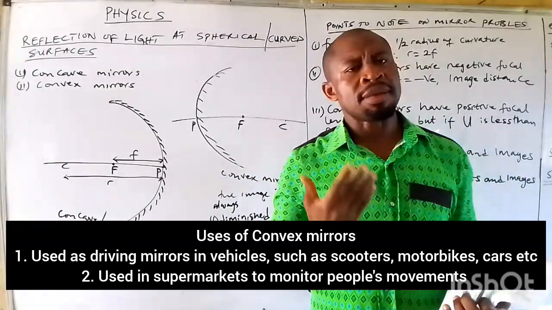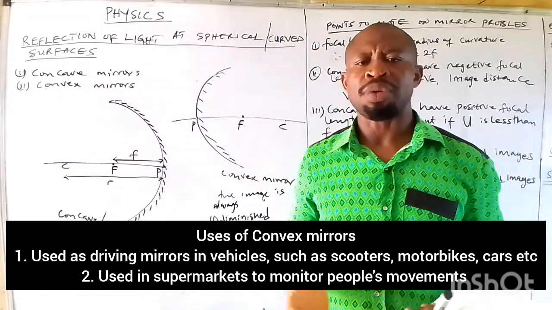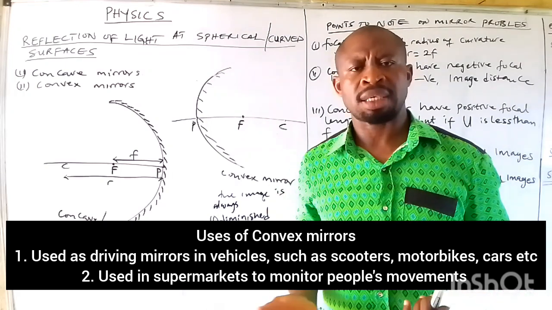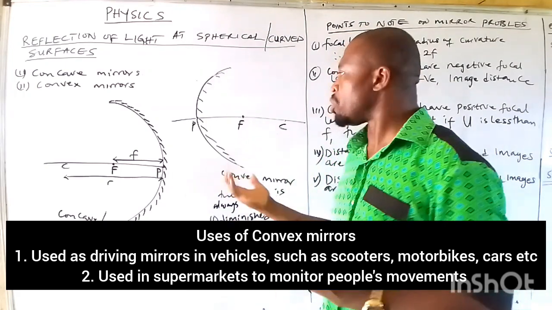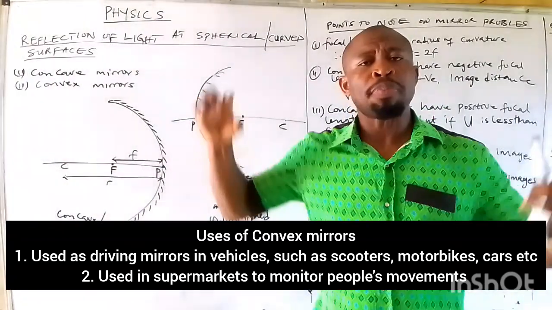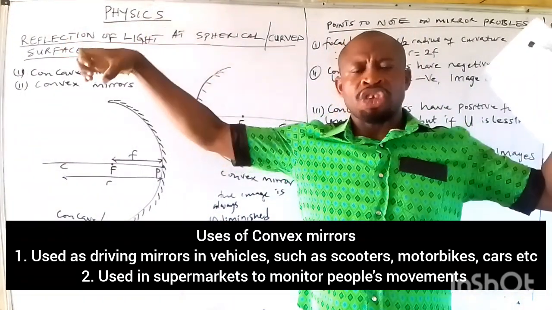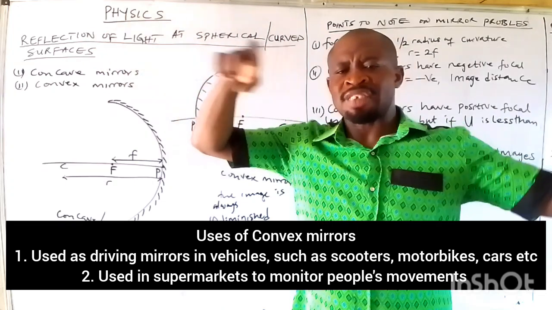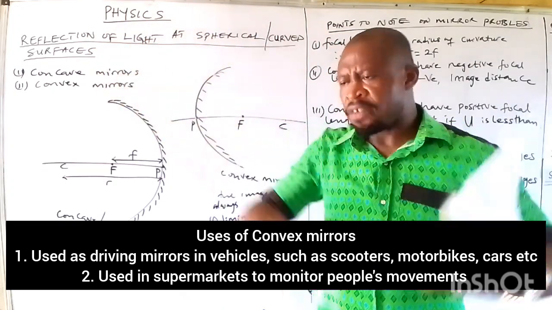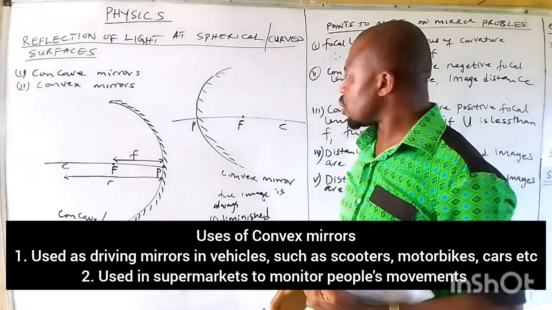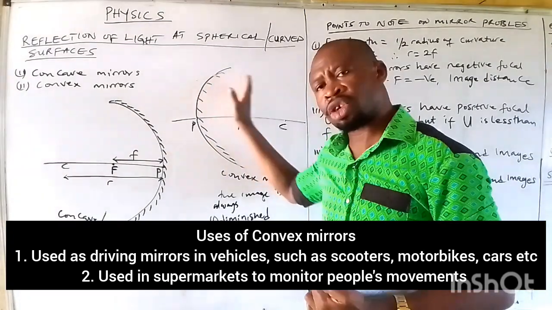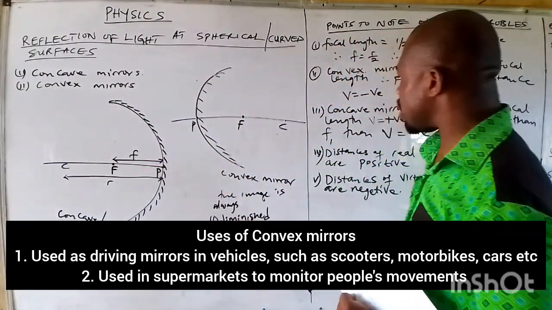Now, it can be used as a driving mirror in our various vehicles, in scooters, motorbikes. They can also be placed at strategic locations in supermarkets just to monitor the activities going on. So we have discussed the uses of each of them.